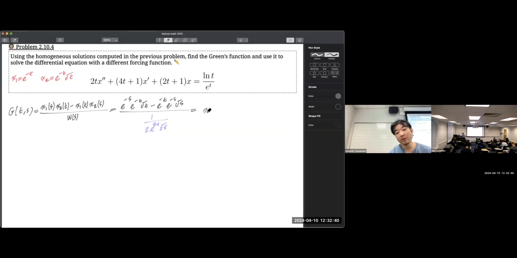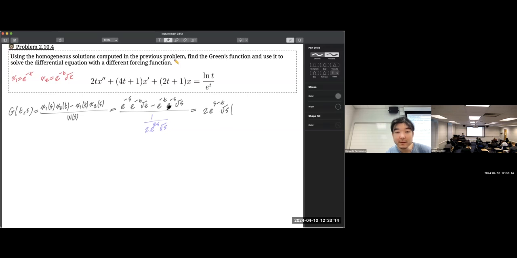You can check on your own using algebra. Basically e to the negative t is common between these two. The 2s comes out, there's a 2s, and it does simplify to e to the s minus t square root of s. Let me check here.